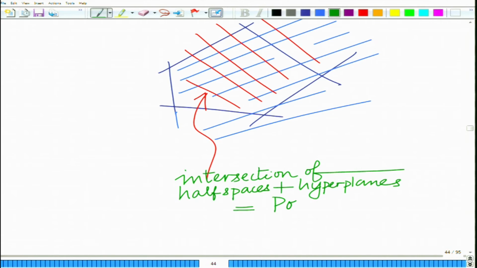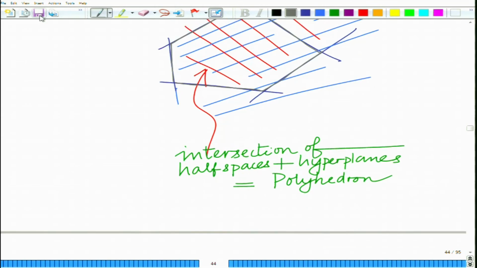This is your polyhedron, roughly described by this region.